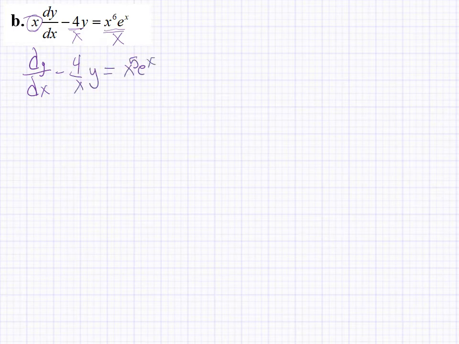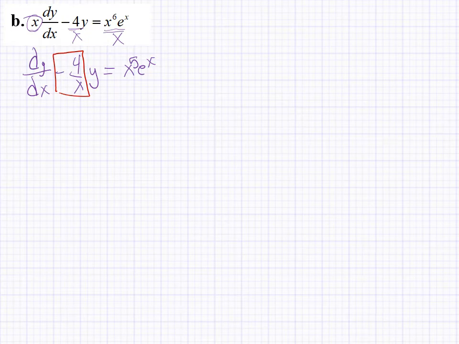The first thing I have to do, though, is put this in standard form. I have to divide this x through the equation all the way through. So what we get is dy dx minus 4 over x y equals x to the 5th e to the x. We do that because we want to identify p of x.